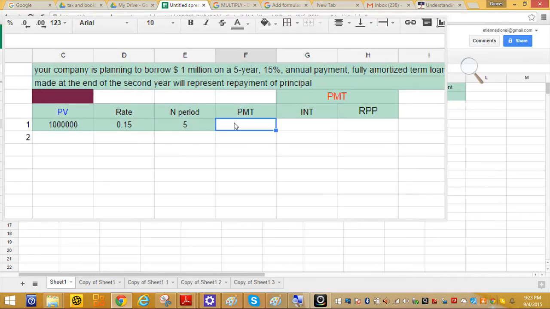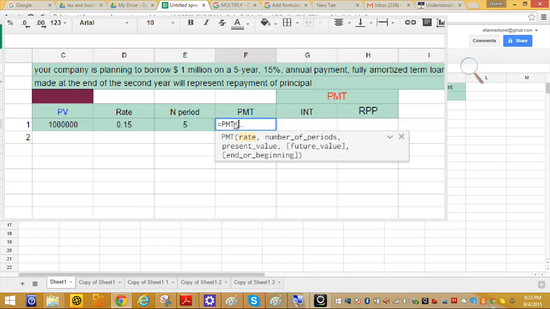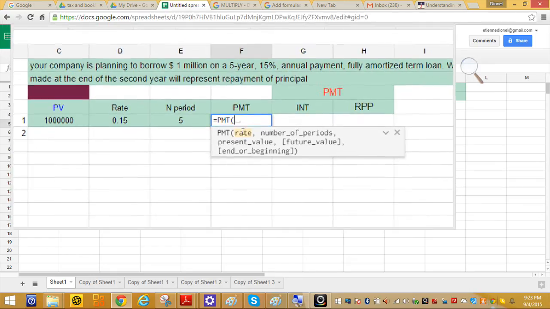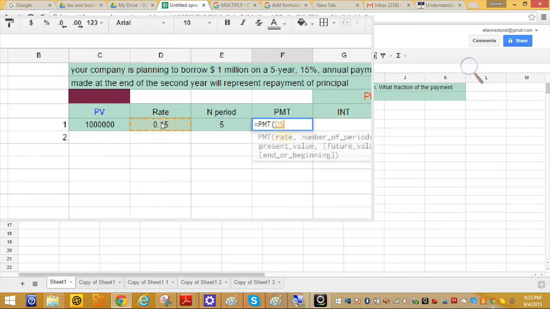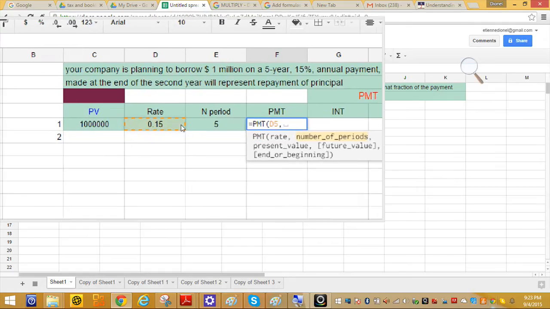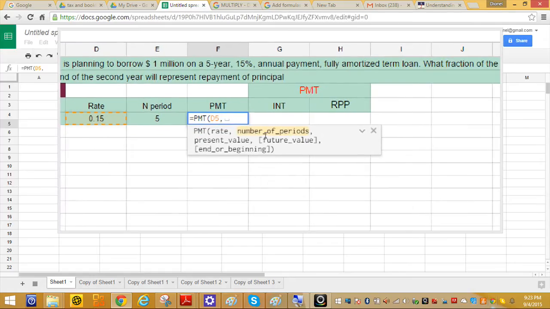So let's do that. I put an equal sign and then PMT and parentheses. First I have to get the rate. I click on this, 15%, comma, and then the number of periods is 5.